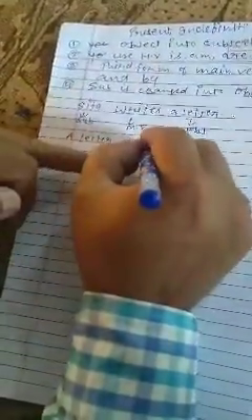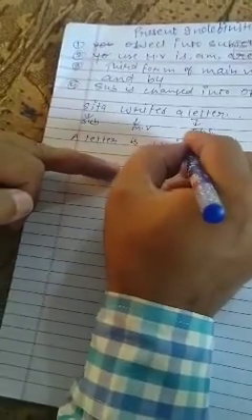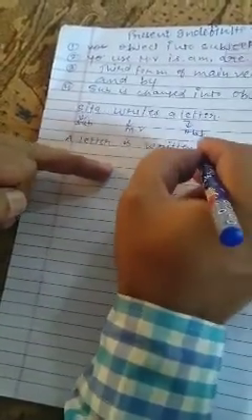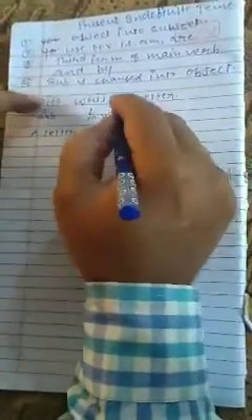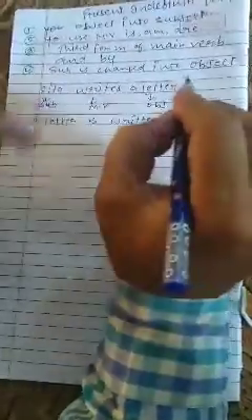The third rule is you have to use the third form of the main verb and by. The main verb of this sentence is write and its third form is written. Written by. The fourth rule is subject is changed into object. You have to write by Sita here. And your passive voice is: a letter is written by Sita.